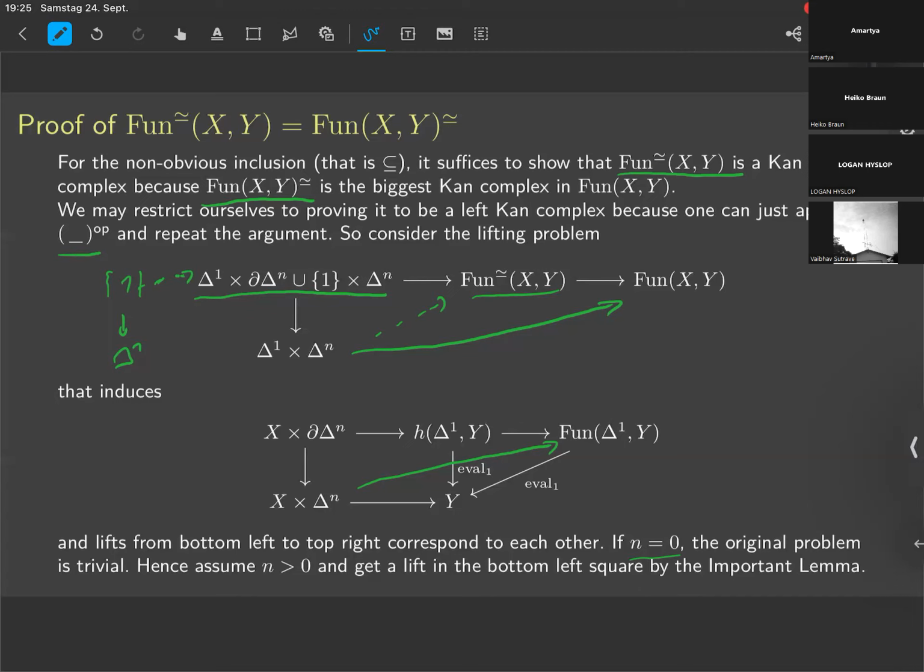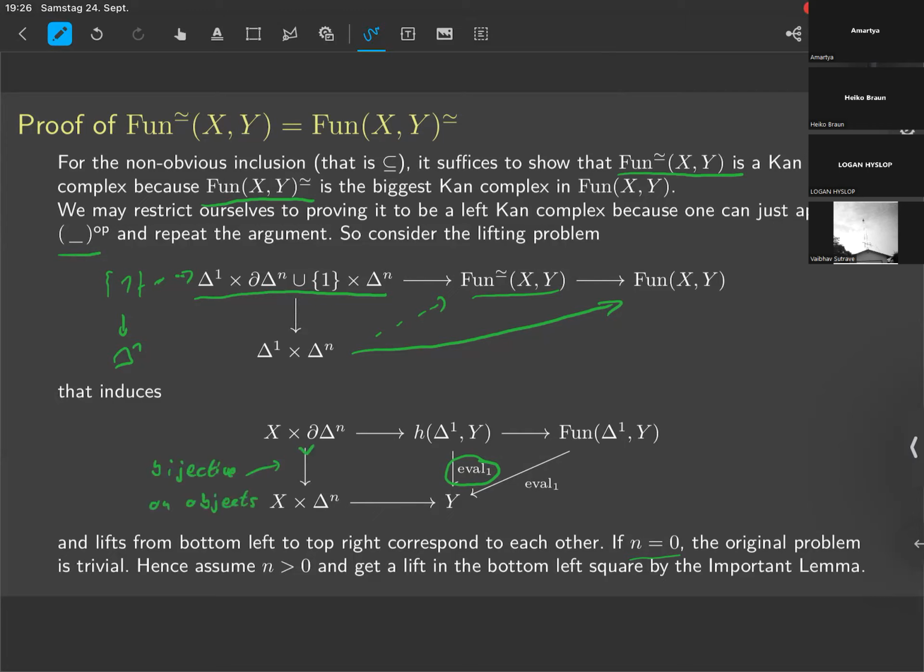But in the more general case, we assume that n is bigger than 0, and we want a lift down below. This works because there's a lemma, namely this evaluation at 1 is such a map that lifts against all monomorphisms that induce bijections on objects. Here we have a monomorphism, and it is also bijective on objects.